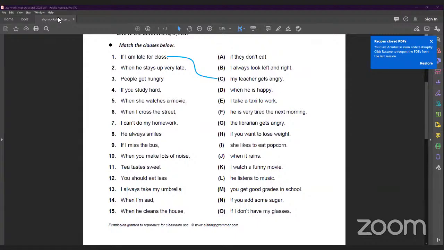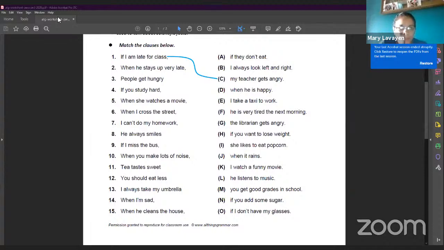Okay, Ms. Marila Valle, please help me with exercise number 2 and number 3. Read it. Hello, good morning. Number 2 and number 3, Miss. When he stayed up very late, he is very tired the next morning. Okay, that's correct for me. Number 3, please.